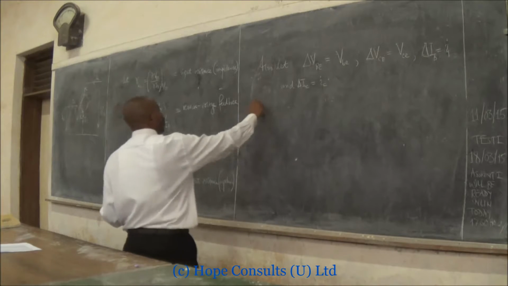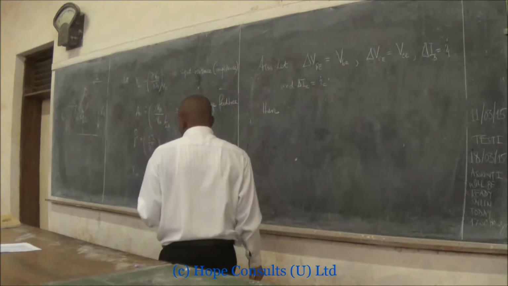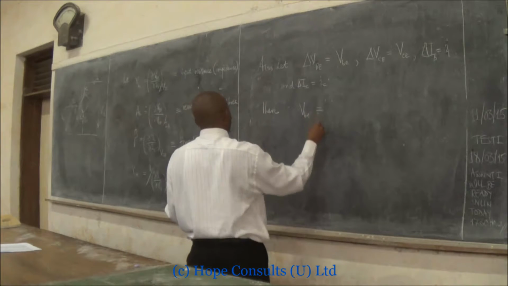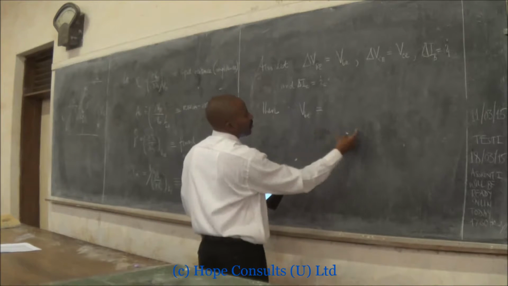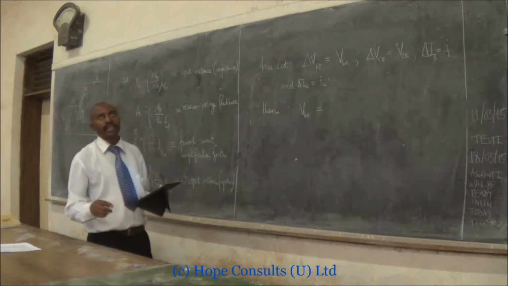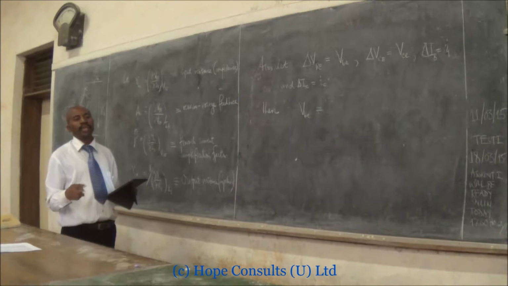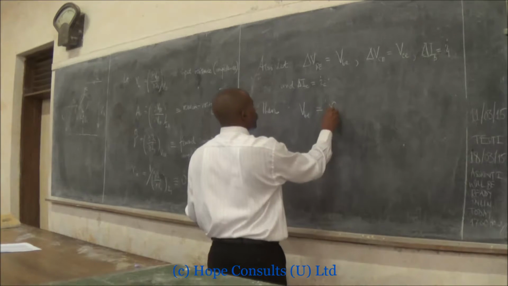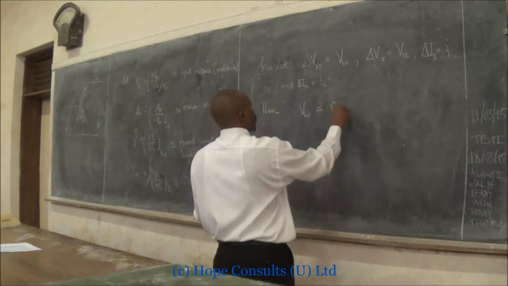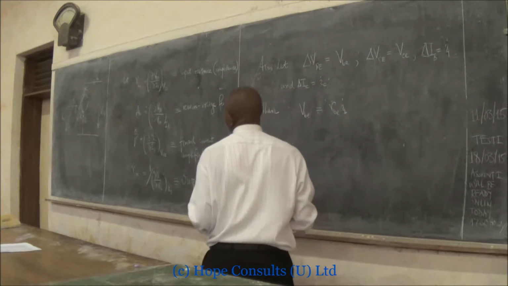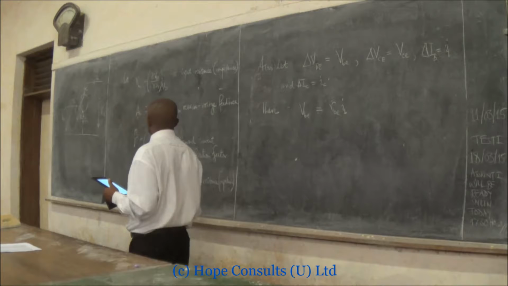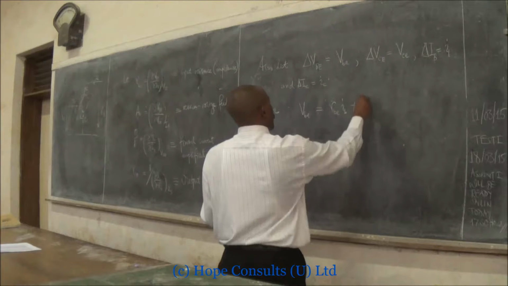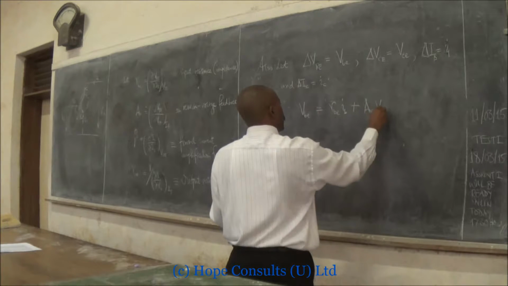Then we can write our parameters such that our VBE is equal to the sums which were here, which was ∂VBE by ∂IB over VCE, which we call our RBE, for a constant IB, and then plus AR VCE.